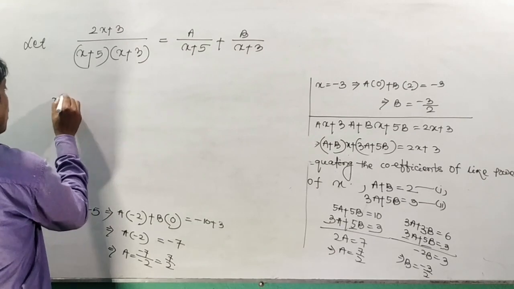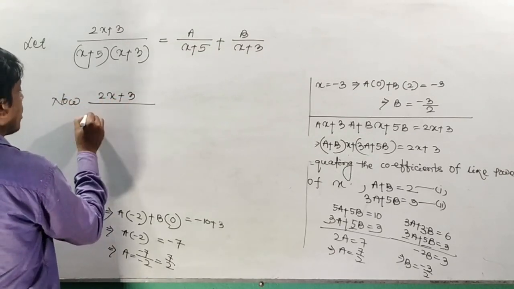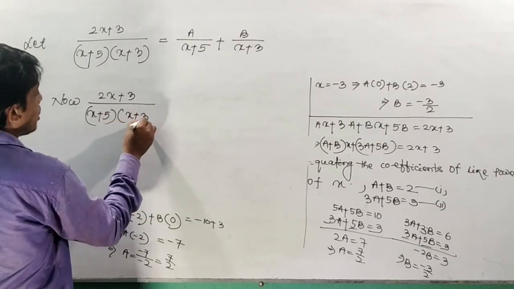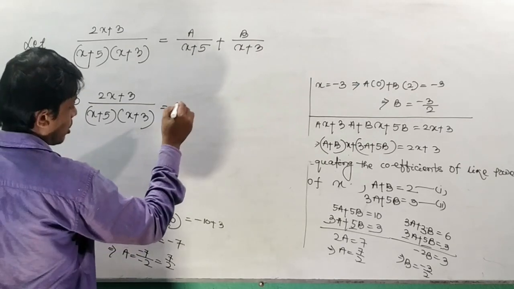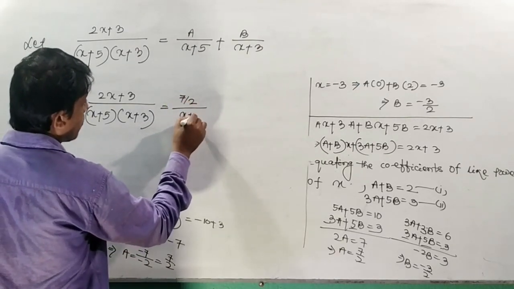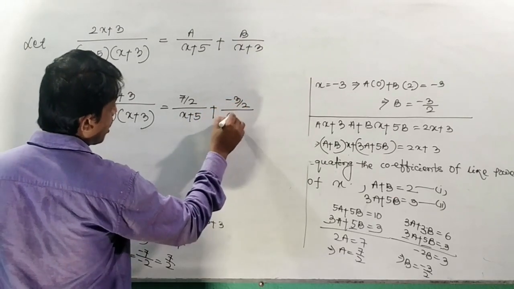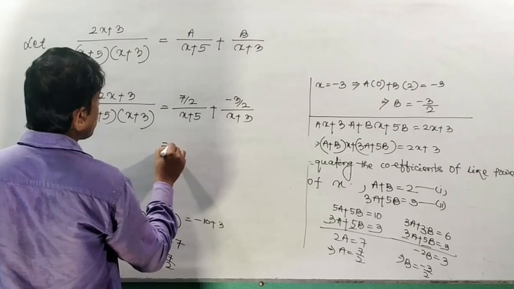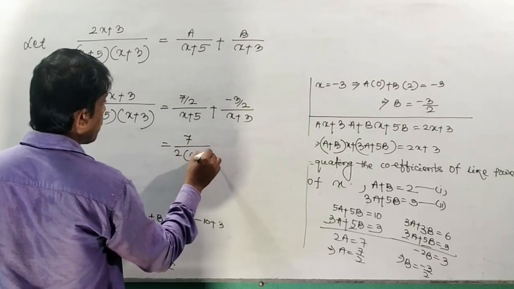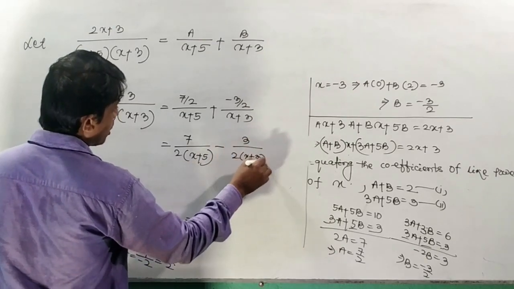So now, (2x plus 3) by (x plus 5) into (x plus 3) is a by (x plus 5) plus b by (x plus 3), where a is 7 by 2 and b is minus 3 by 2, which can be written as 7 by 2 into (x plus 5) minus 3 by 2 into (x plus 3).